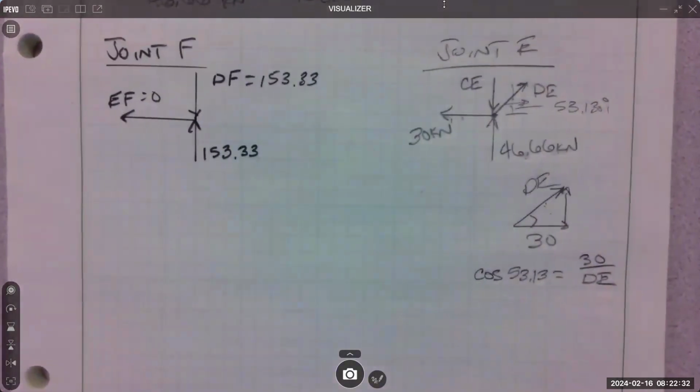Once you have that joint, then that's what we need to look at. You don't need to look back at the truss, just focus on the joint. And solve it.